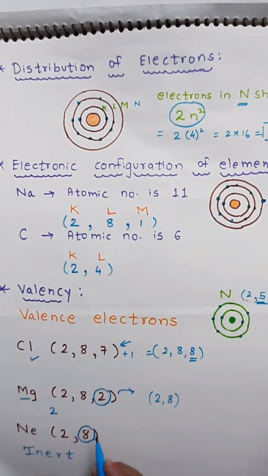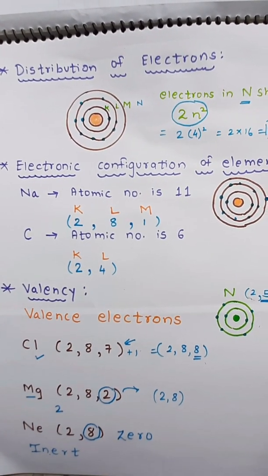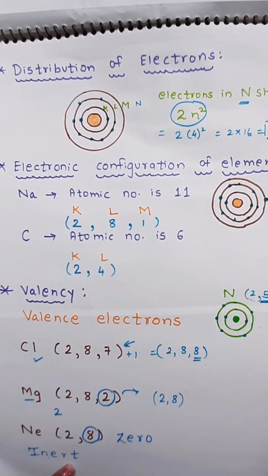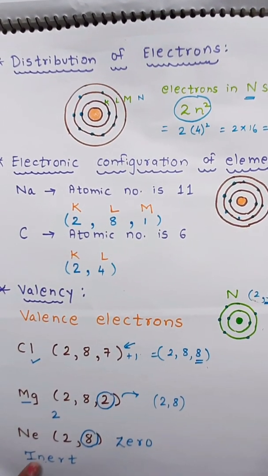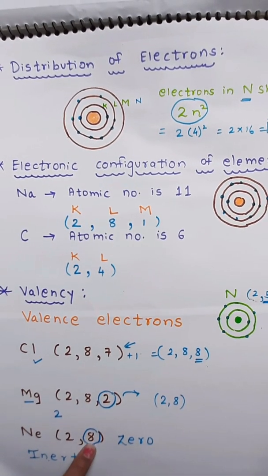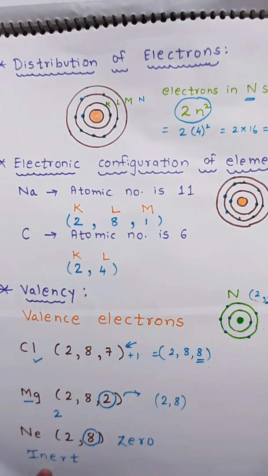So if you see, the valency is 0. And they are called chemically inert gases. It can be helium, neon, argon, same. The last orbit has already 8 electrons. It will not participate in any of the chemical reactions and they are called inert gases.